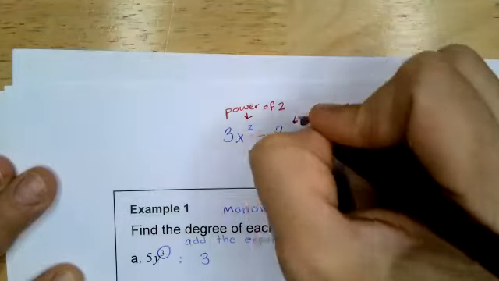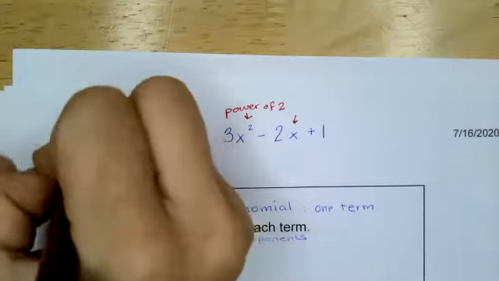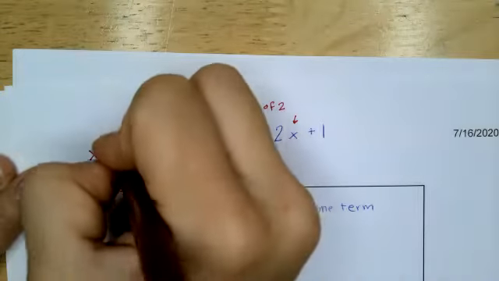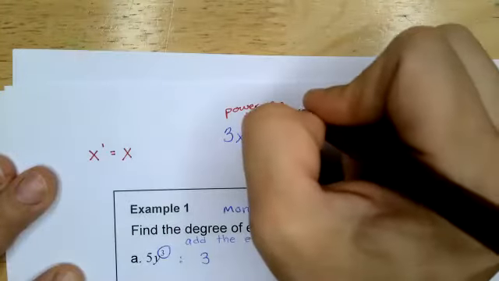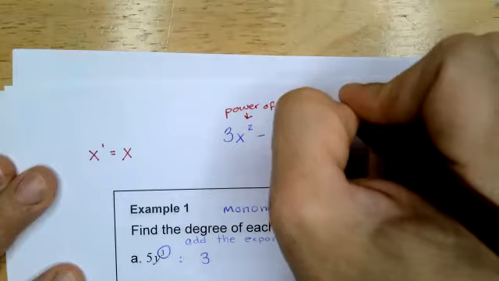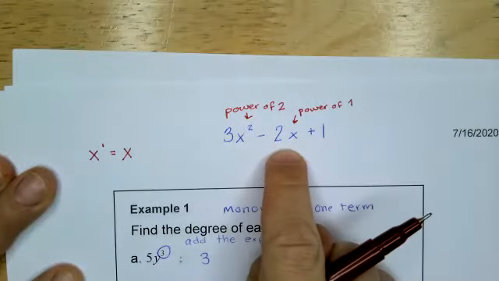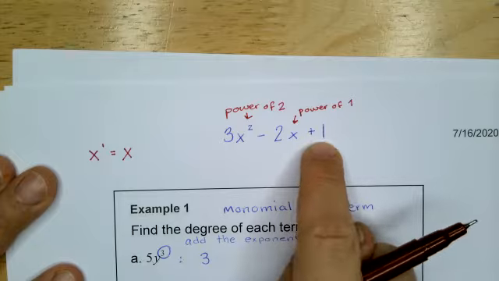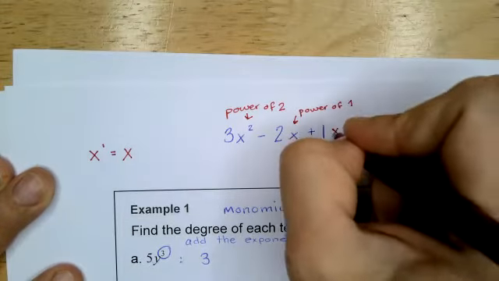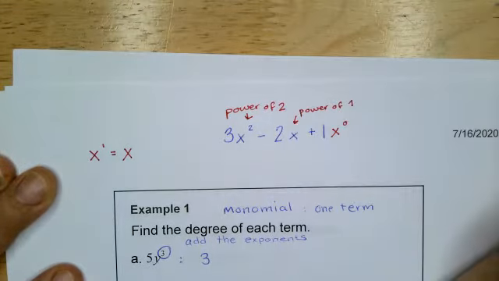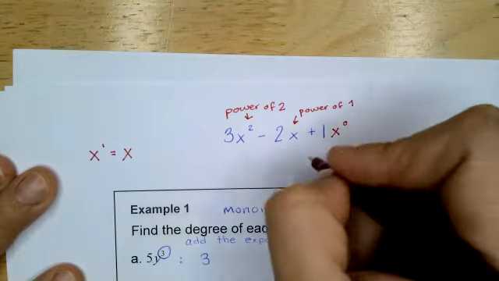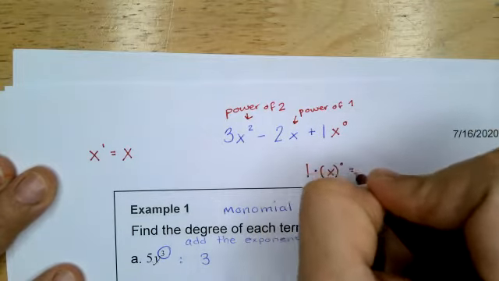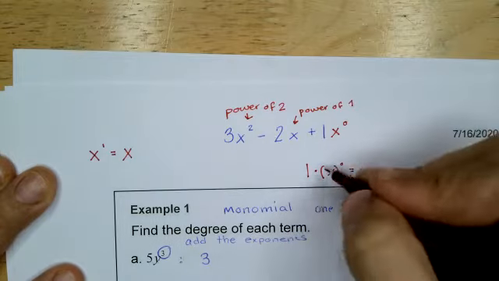Here, it's not 0, right? x to the power of 1 is the same as x, so this is power of 1. The 1 has no x's, but remember, anything raised to the power of 0 is 1. So 1 times x raised to the 0 power is just 1, because it's 1 times 1.